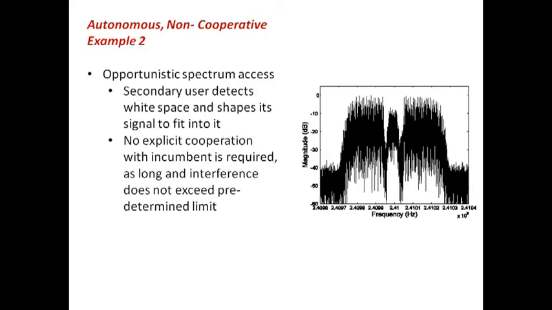So there's this idea of spectrum shaping, or sometimes called spectrum sculpting, where you basically find out how much of a white space you have, of an available band you have, and then you shape your signal to fit into that, and still respecting the block edge mask of the primary user so that you don't generate undue interference.